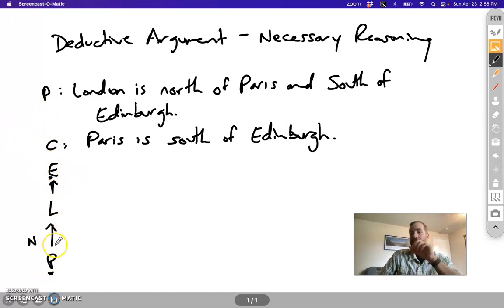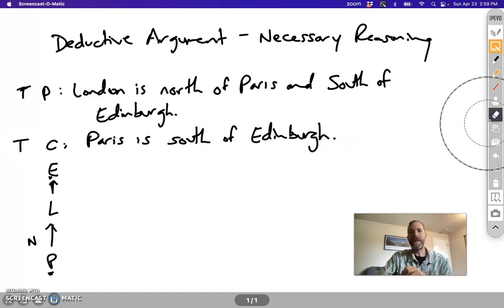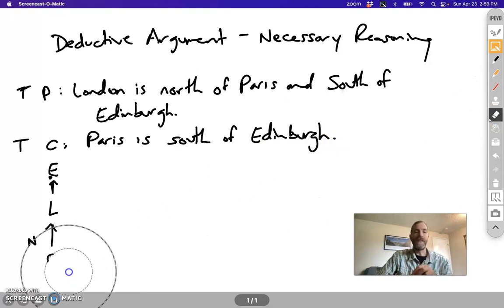Indeed, if you look at a map, you'll find that the premise is true. So this is another good argument, and the true premise infers a necessarily true conclusion. There's no probability here. It's an argument where certainty is achieved.